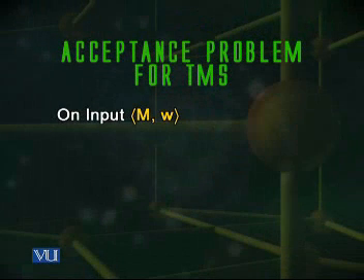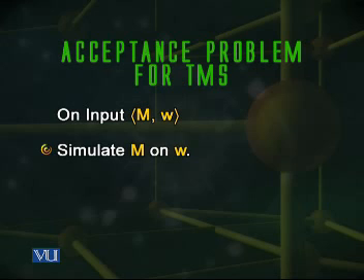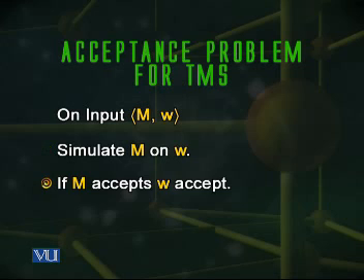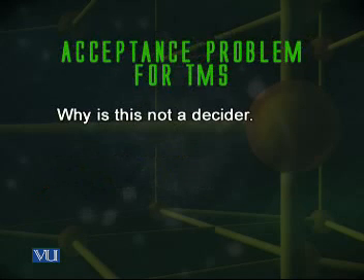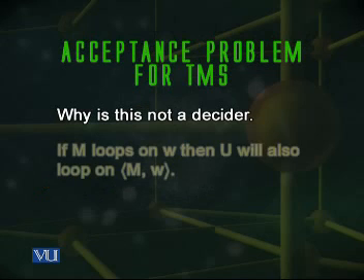Let's review this Turing recognizer for the acceptance problem for Turing machines, or the halting problem. Suppose this Turing recognizer, which we are going to call U, the universal Turing machine, gets an input M, W. All it does is simulate M on the string W, and if M accepts, the Turing machine U accepts. Let us ask why U is not a decider. Well, it's very simple.